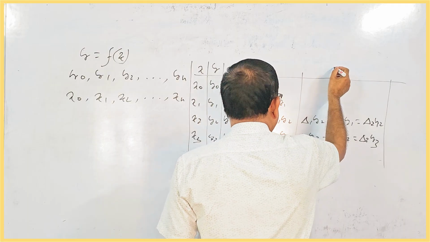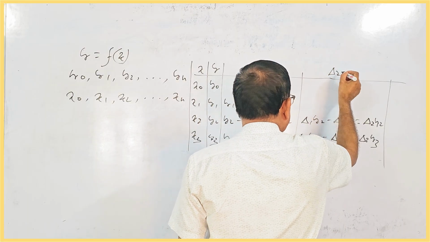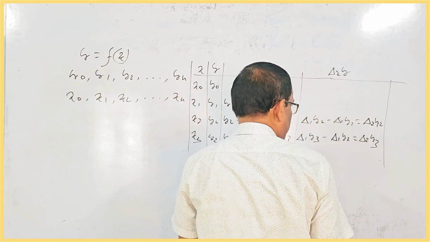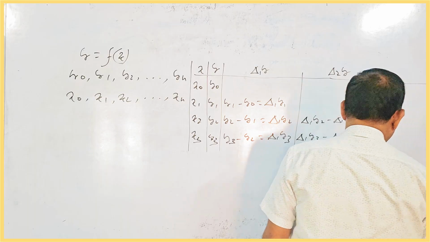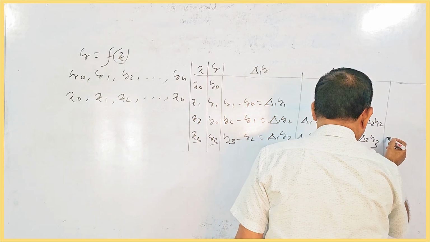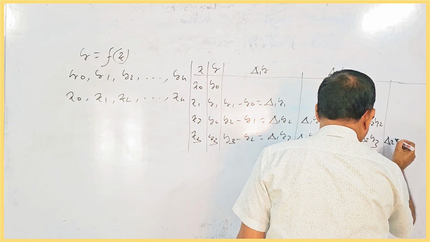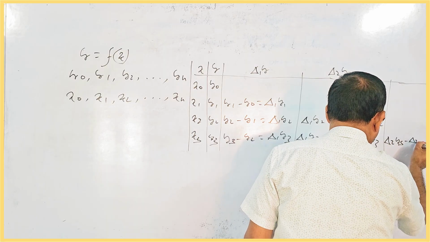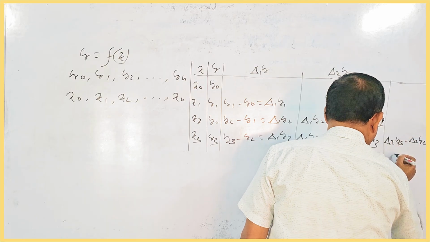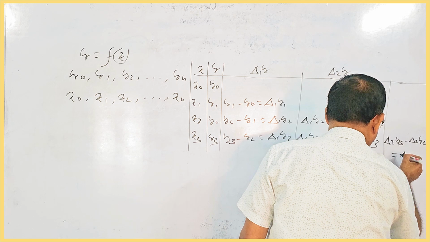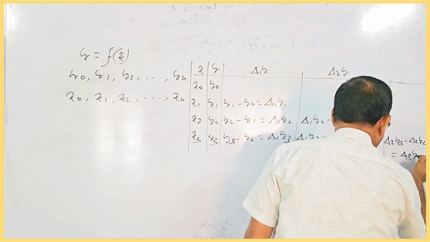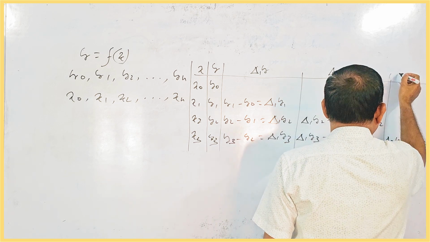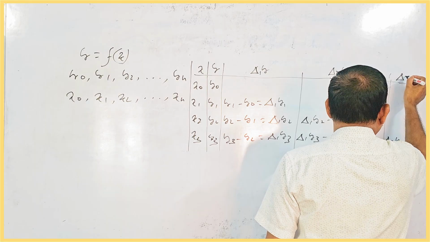So this is denoted by delta 2 y. And finally, the difference between delta 2 y3 and delta 2 y2 is equal to delta 3 y3. So here it is delta 3 y.